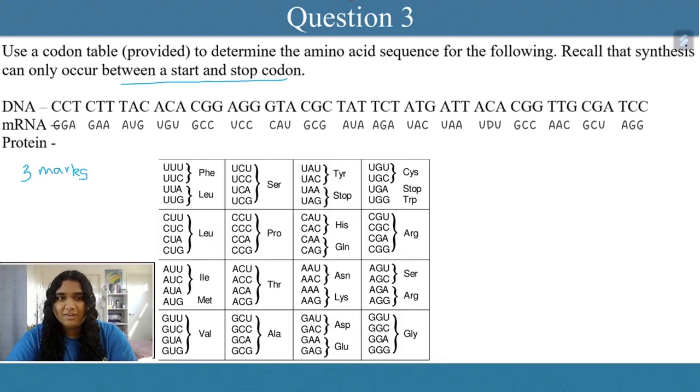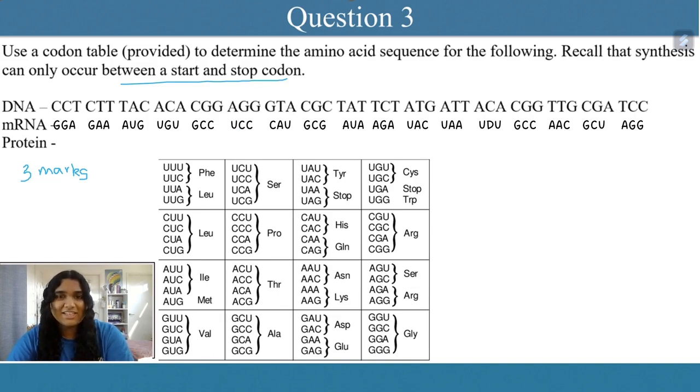All right. First, we're going to find our mRNA strand. So we've got CCT, which forms GGA, CTT, GAA, TAC, AUG, ACA, UGU, CGG, GCC, AGG, UCC. Oh my goodness, I think I said CC, and Siri on my phone is dictating what I'm saying now.